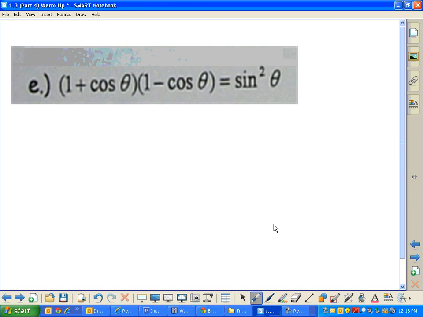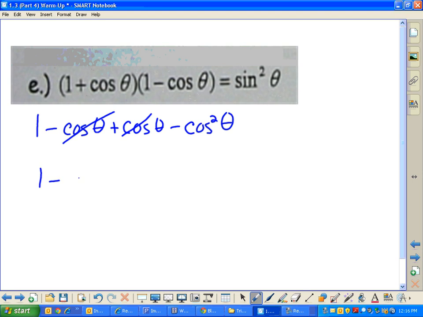So 1 times 1 for my first, that's 1. The outers is negative cosine theta. The inners is positive cosine theta. And then the last is negative cosine squared theta. And then I look, I'm like, oh, look, the outers and inners cancel. So my outers and inners go away. And what I'm left with is 1 minus cosine squared theta.